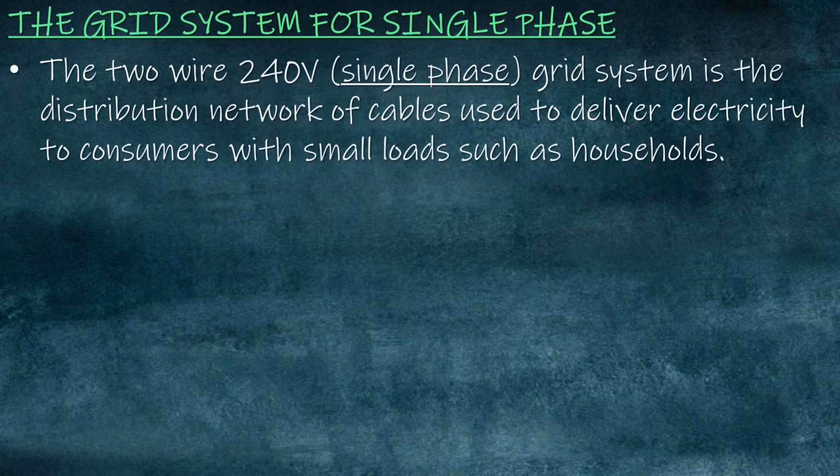The grid system for a single phase is what we're going to deal with. The two wire 240 volts single phase grid system is a distribution network of cables used to deliver electricity to consumers with small loads such as households.